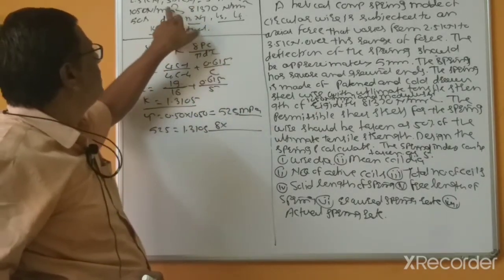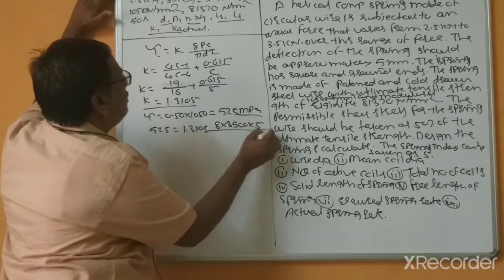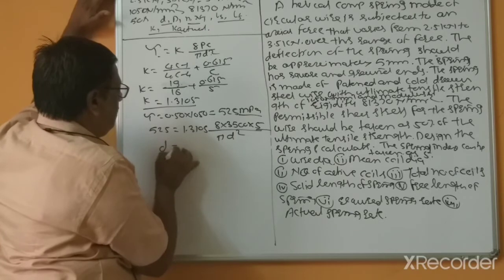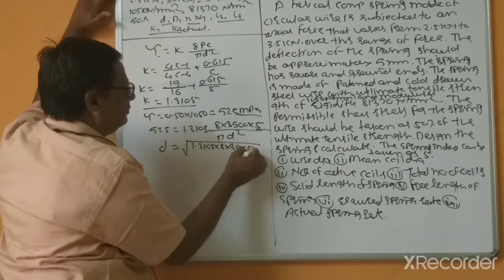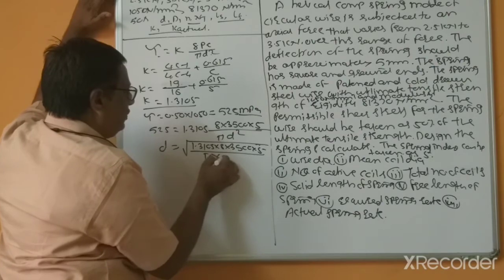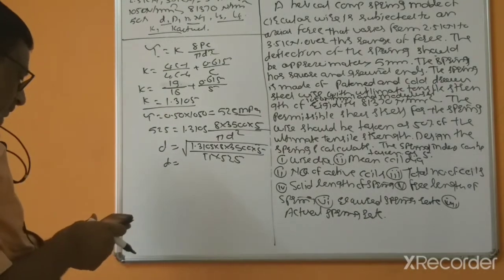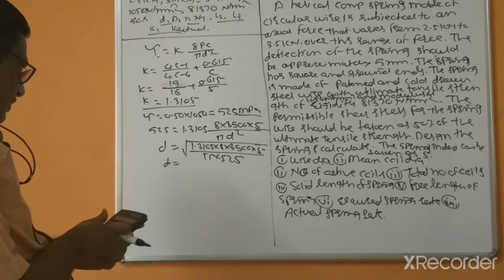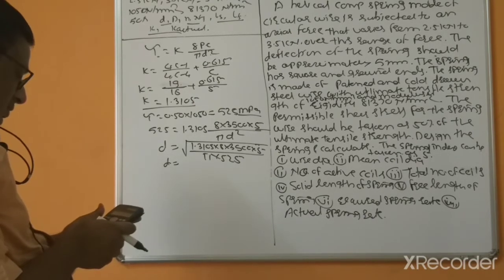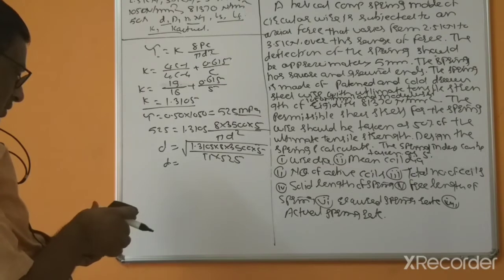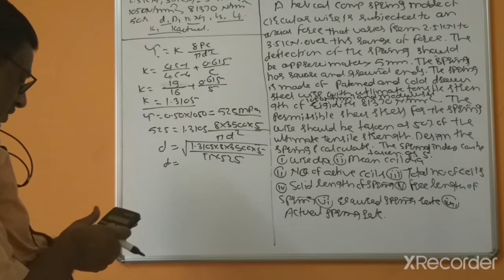So here the maximum load is to be considered, this is 3.5 kilonewtons. So that's why this is 3500, C equal to 5, and d equal to under root of 1.3105 multiplied by 8 multiplied by 3500 multiplied by 5 divided by pi divided by 525.